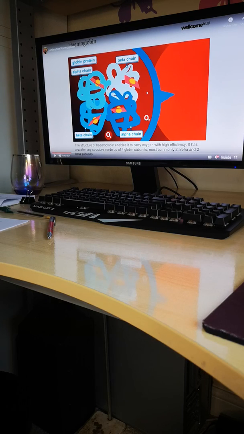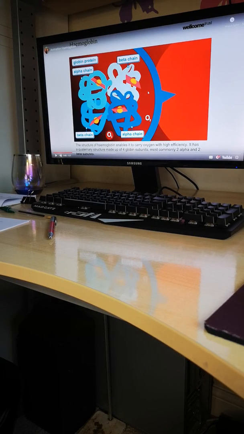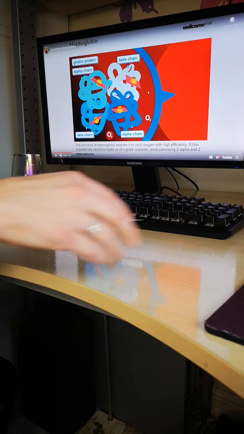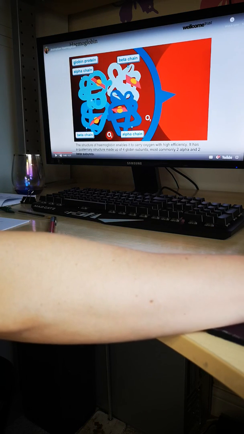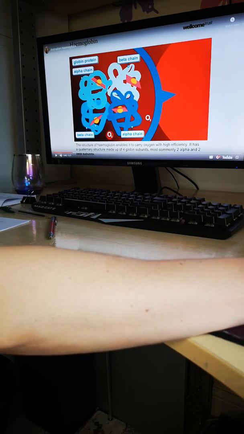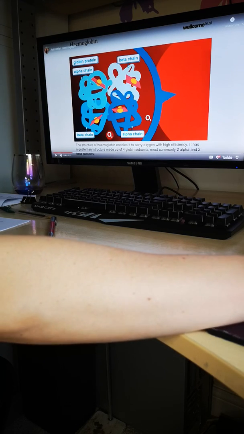Okay, I've just pulled up this animation to be able to show you this change in shape, or what is referred to as a conformational shape change in the haemoglobin when oxygen binds to it. Okay, so you should recognise that we've got our quaternary structure, got our 2 alpha and our 2 beta chains, we've got our heme groups here.